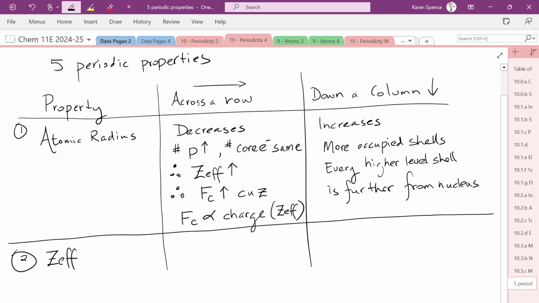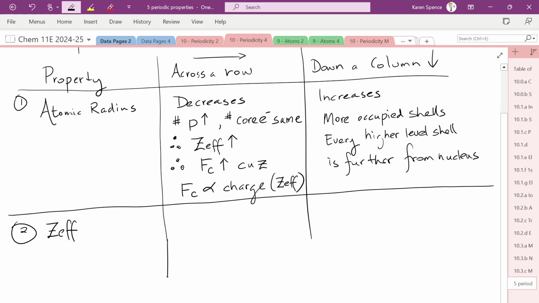Before we talk about Zeff too much, you're going to tell your neighbor what Zeff stands for. Zeff is the effective nuclear charge, yes.